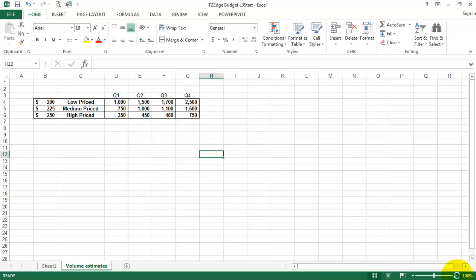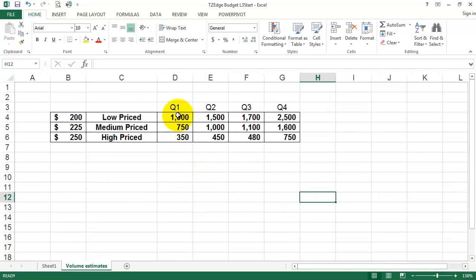And what this shows here is that in quarter 1, there's our 1,000, 750 and 350, which I showed you just earlier at the particular prices. Quarter 2 has these volumes based on the pricing. Quarter 3 has these volumes based on the pricing, and quarter 4, getting into the Christmas season, the volumes go up quite a bit based on the pricing.